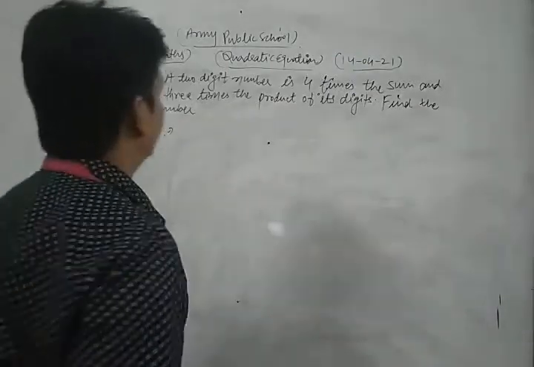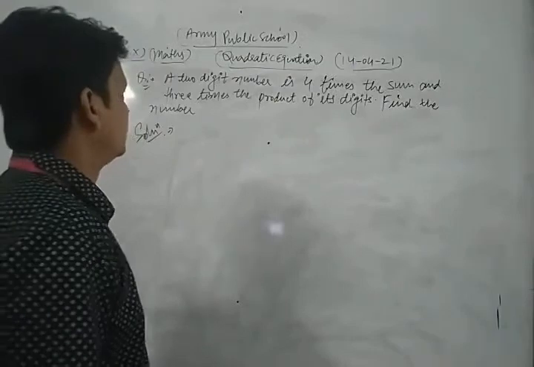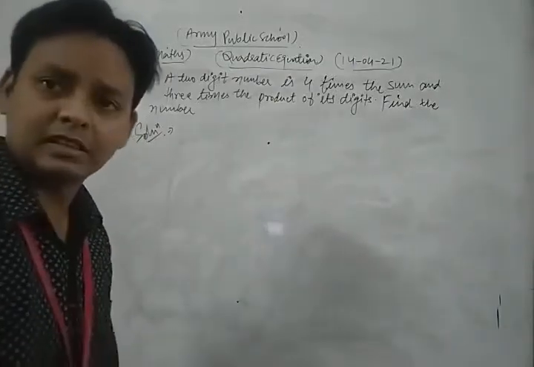Here a 2-digit number is 4 times the sum and 3 times the product of its digits.